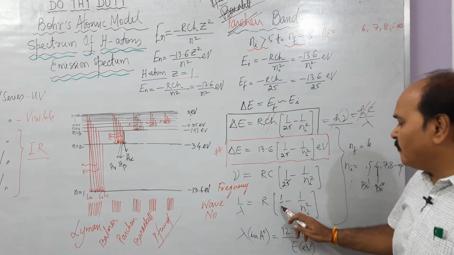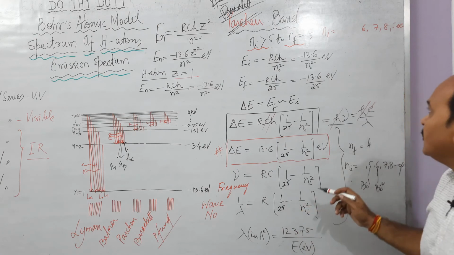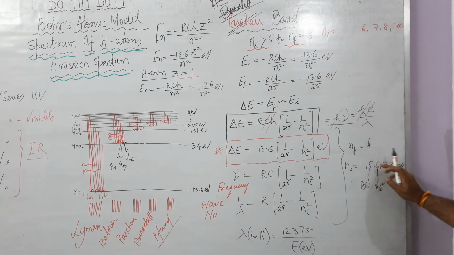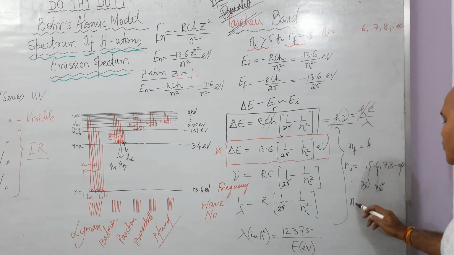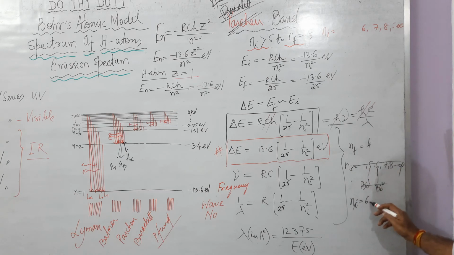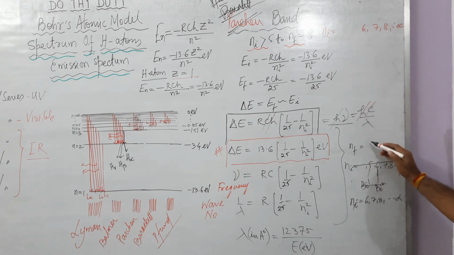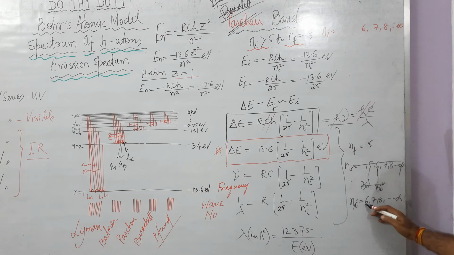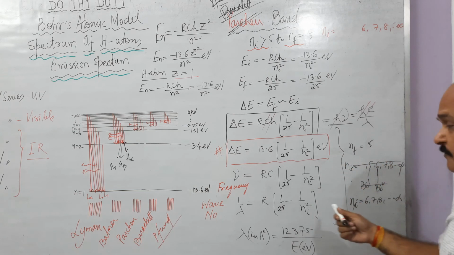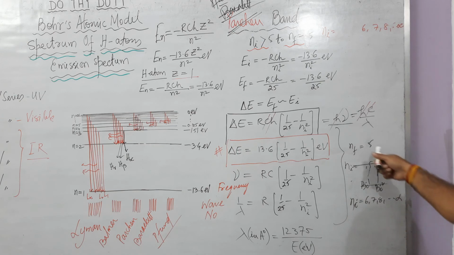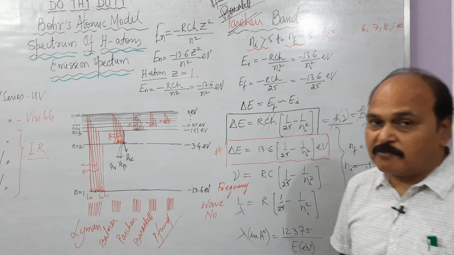Remember, the minimum value of Ni is 6. Ni value starts from 6, and then 7, then 8, and so on up to infinity. When transition takes place from 6 to 5, we get the first Pfund line. 7 to 5, the second Pfund line, and finally when infinity to 5, we get the series limit for the Pfund series.